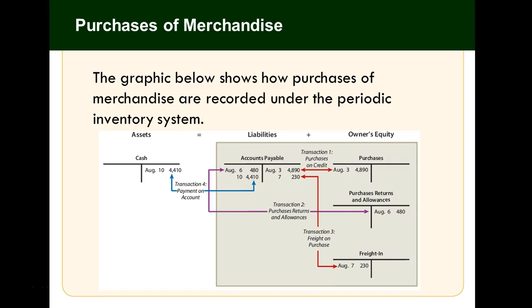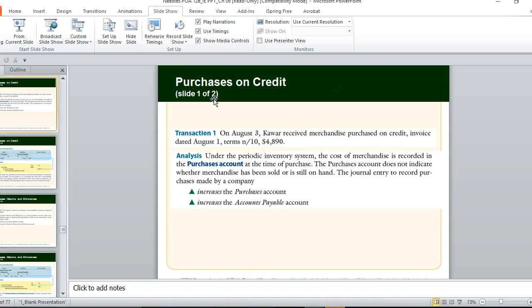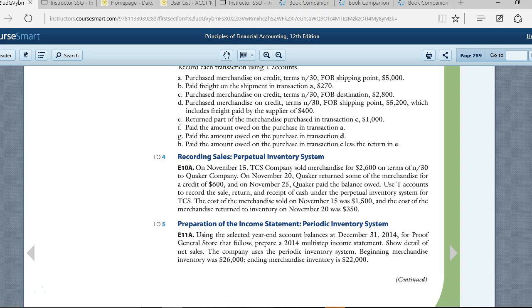Remember that? We don't do that here. We started with beginning inventory. Any purchases we record in an account called purchases. So let's do a problem. We can go through the PowerPoint, but sometimes it's helpful to just do it. So let's go and look at a problem.